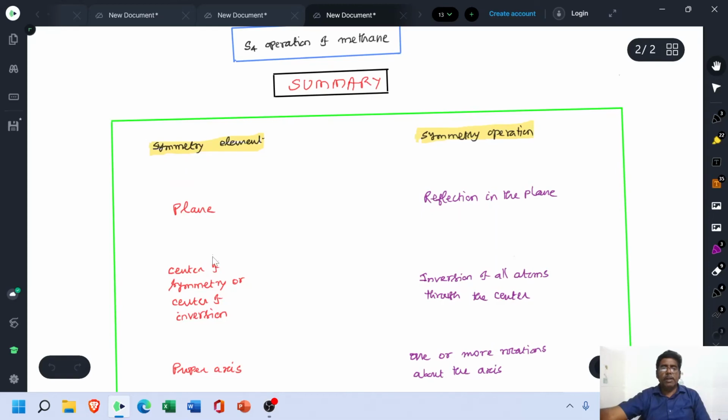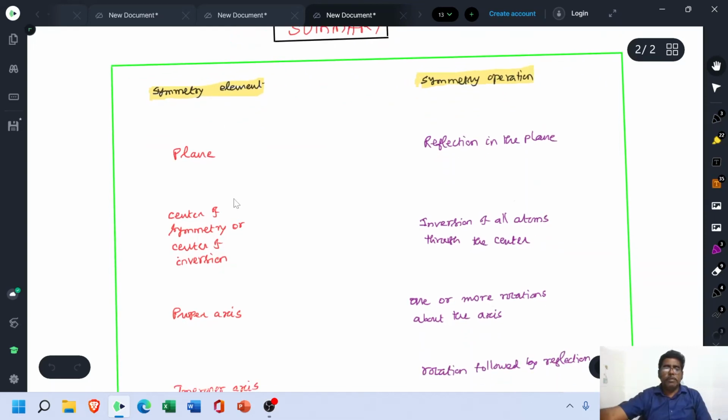So here is a summary of the above discussion. These are all the symmetry elements. These are all the symmetrical operations corresponding to the elements. If the symmetry element is plane, the symmetrical operation is reflection in the plane. Suppose the symmetry element is center of symmetry or center of inversion, the corresponding operation is inversion of all atoms through the center.